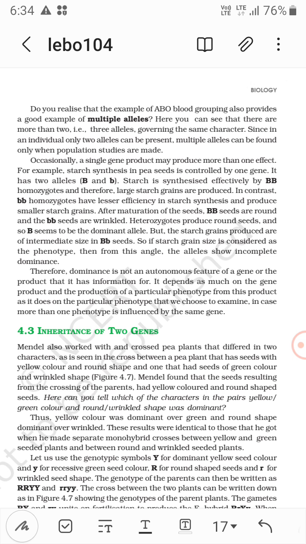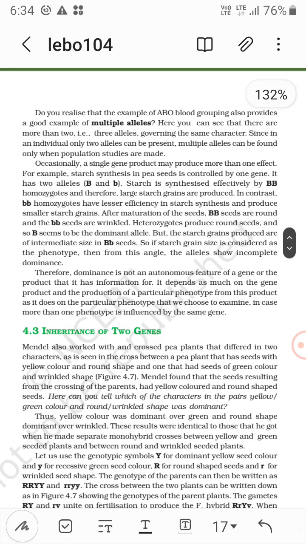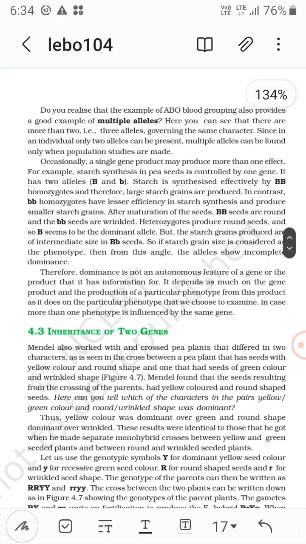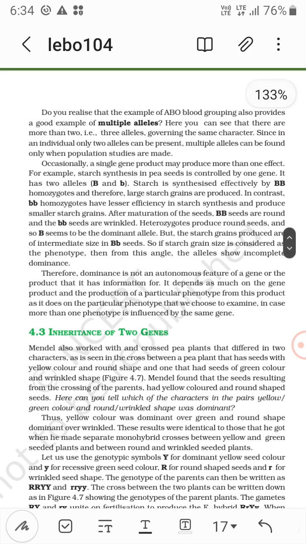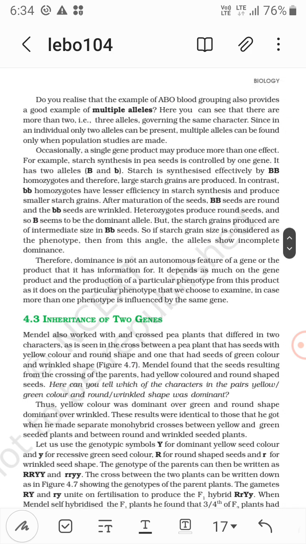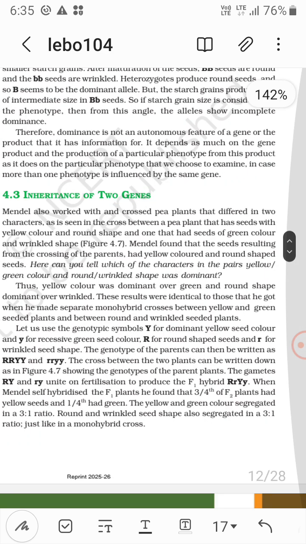It depends as much on the gene product and the production of a particular phenotype from this product as it does on the particular phenotype that we choose to examine, in case more than one phenotype is influenced by the same gene.